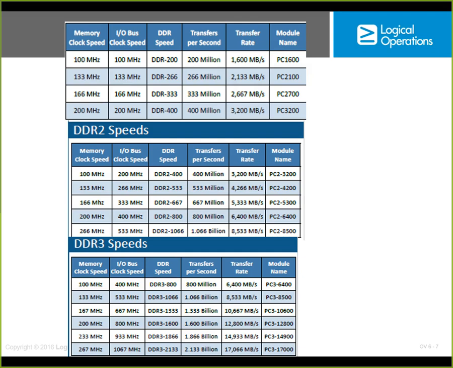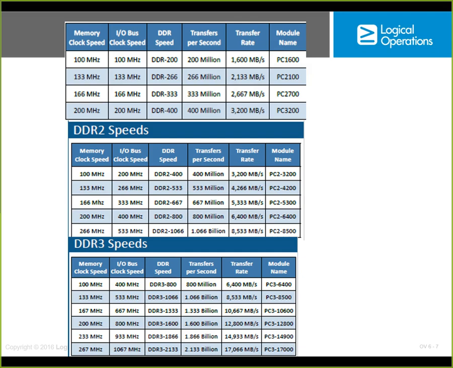It's going to be PC2-3200, and the 3200 represents, obviously, as you can see from this, the transfer rate. DDR3 100 meg, double again, the bus 400 megahertz. The speed DDR3-800, 800 million transfers per second, again multiply by 8, 6400, and it's going to be PC3-6400.